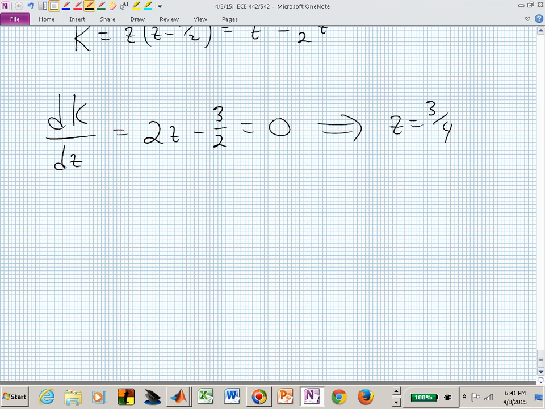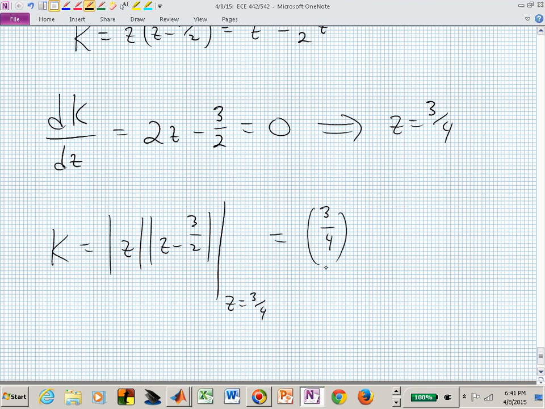We can now evaluate the K expression at that relative maximum to find out what K needs to be to crank it up to that point. And now we have 3/4, and 3/4 minus 3/2 is a negative 3/4, which we're going to take the absolute value.